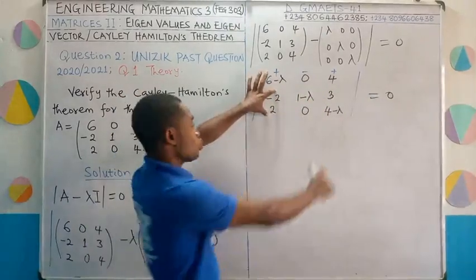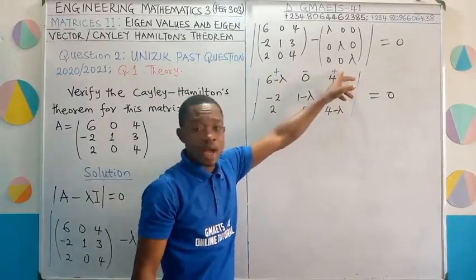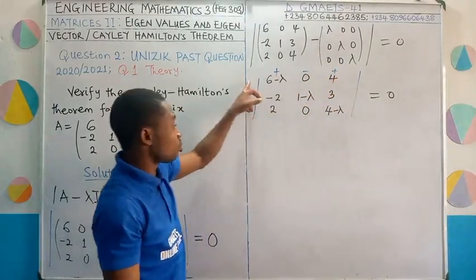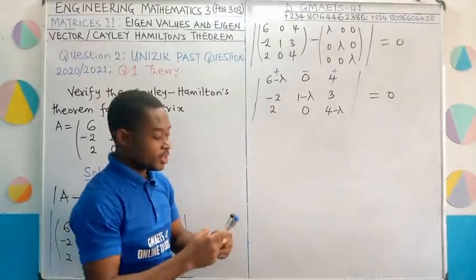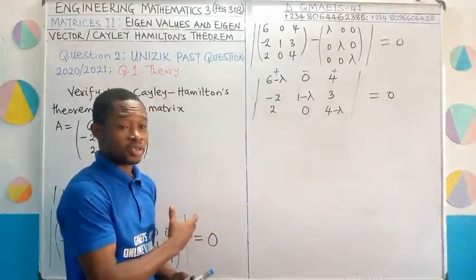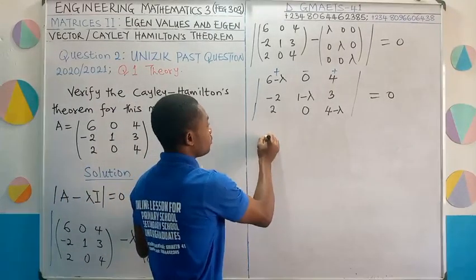You get this 2 by 2 square matrix, find its determinant. And then lastly, pick this plus 4 as constant, delete its column, delete its row. You get this 2 by 2 square matrix, find its determinant. And then you equate to 0. Let us see what this characteristic equation of this matrix is going to produce for us. We have this.